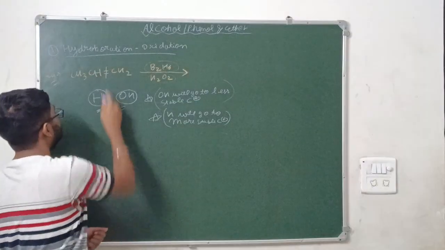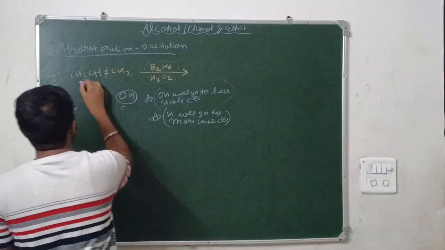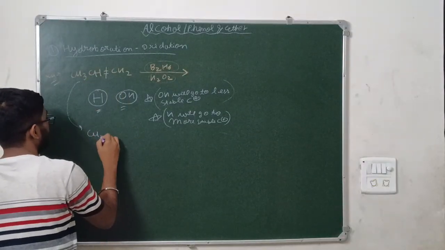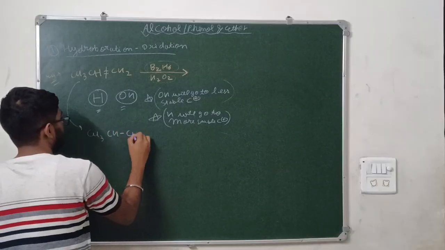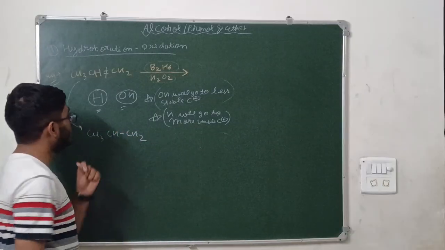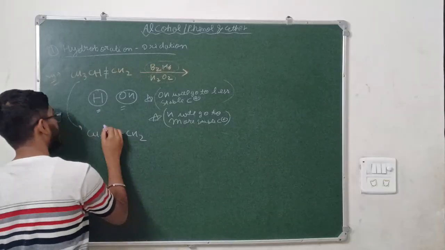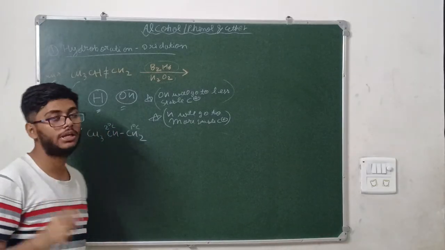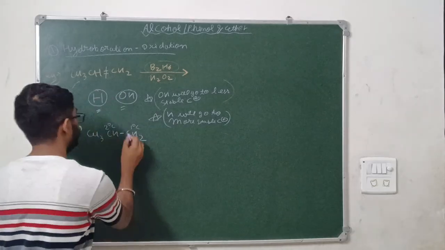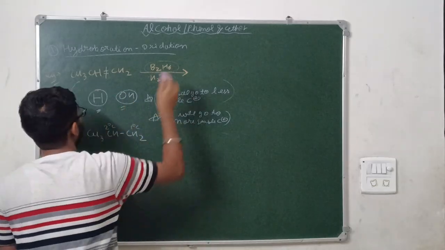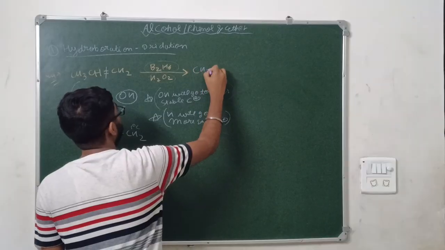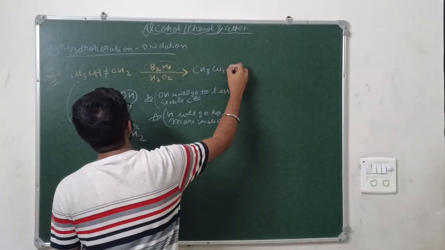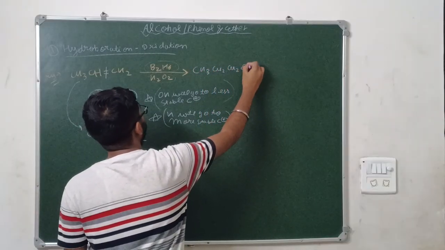If you break this bond, then it will break like this: CH3, CH and CH2. So now, where will you substitute OH? This is a 2-degree carbocation and this is a 1-degree carbocation. So OH has to be on the less stable carbocation. So OH will be substituted on this side and H on this side. So the product formed is CH3, CH2, CH2, OH.